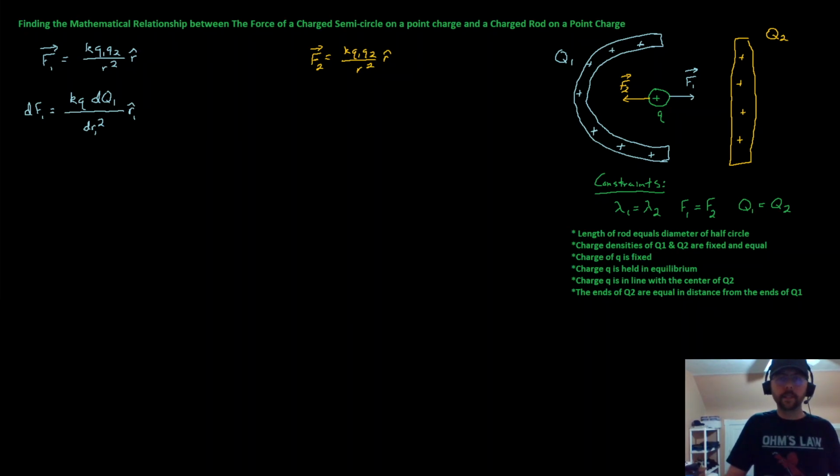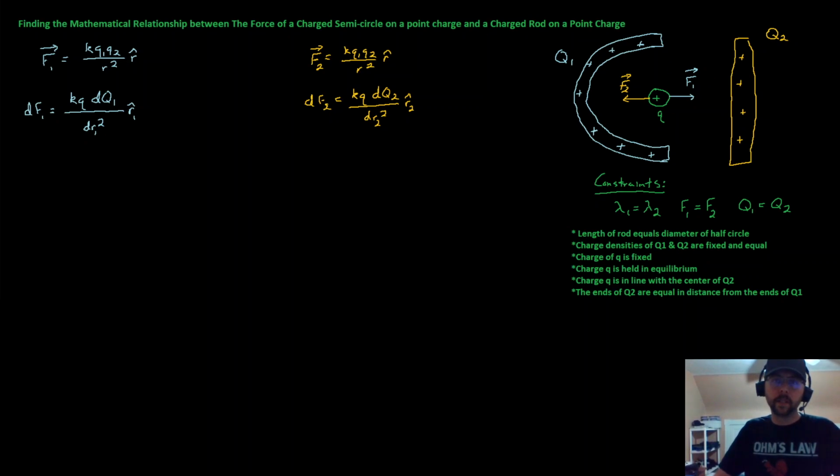On the right hand side, I was using this color, we have dF2 equals kq dq2 over dr sub 2 squared times the direction for 2. And I should put those on there.